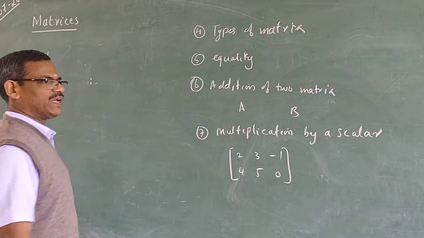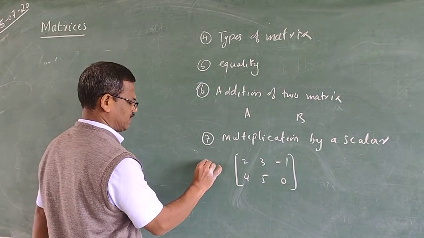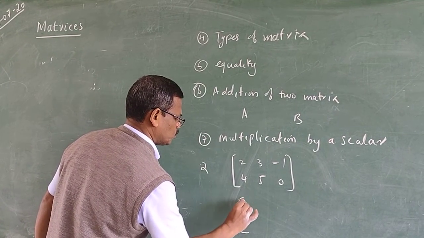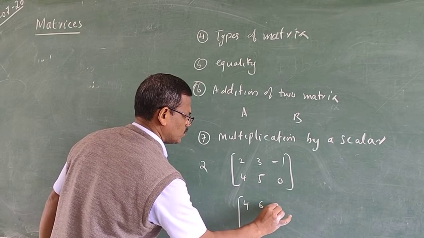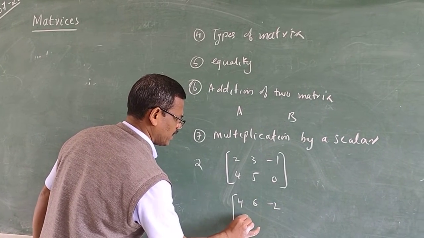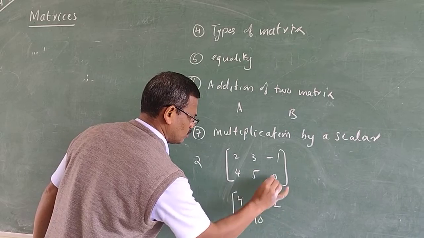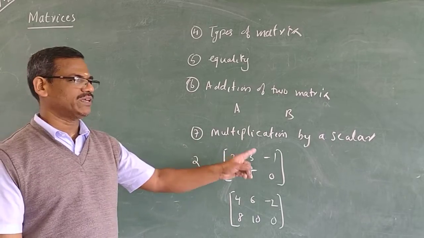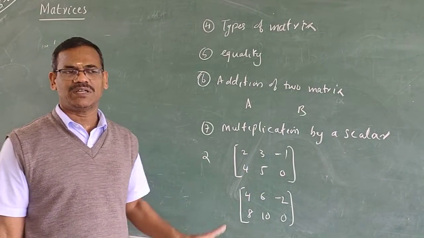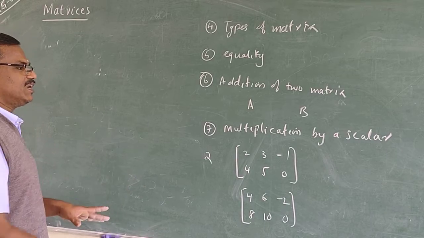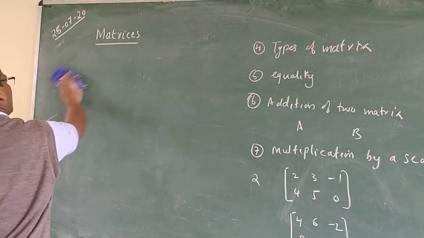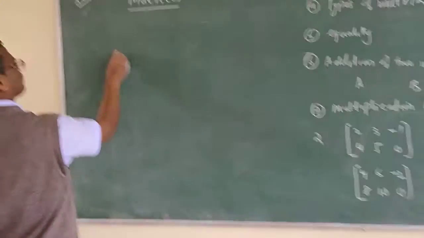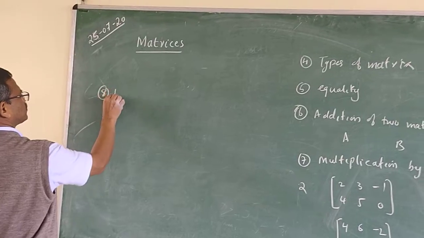If I want to multiply this matrix by a scalar, say 2, it is defined like this: 2 into 2, 4; 2 into 3, 6; 2 into minus 1, minus 2; 2 into 4, 8; 2 into 5, 10; 2 into 0, 0. So if you want to multiply a scalar to a matrix, each and every element of the matrix should be multiplied by that scalar. That is called multiplication by a scalar. And there are some properties of addition also. Next is properties of addition.